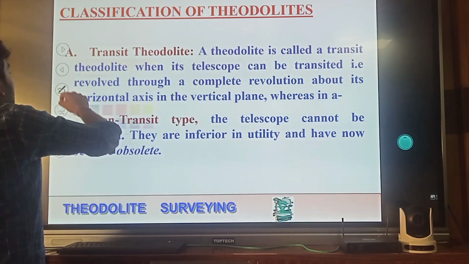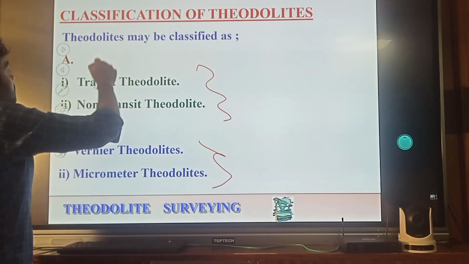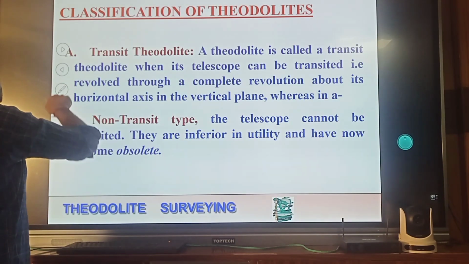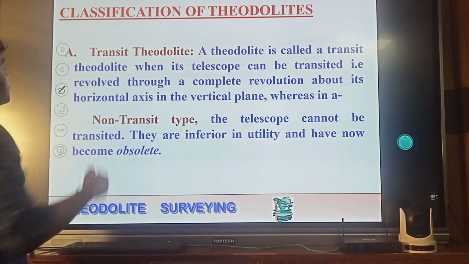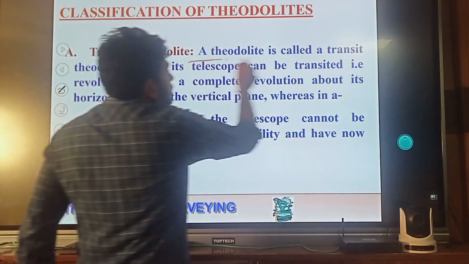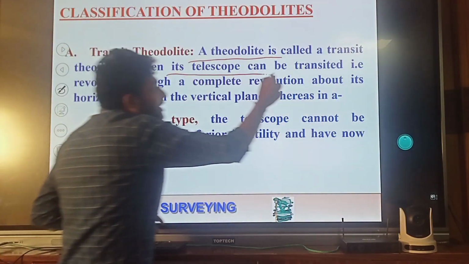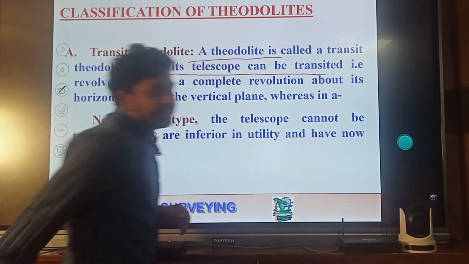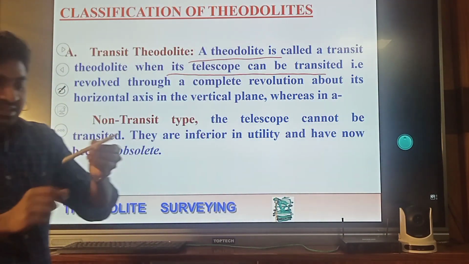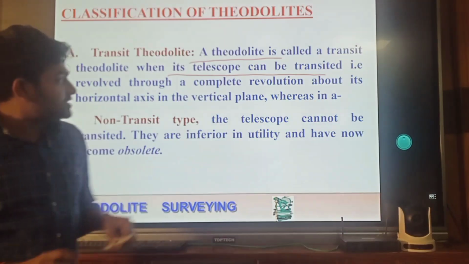A theodolite is called a transit theodolite when the telescope can be transited. When the telescope is transited, it is called a transit theodolite.